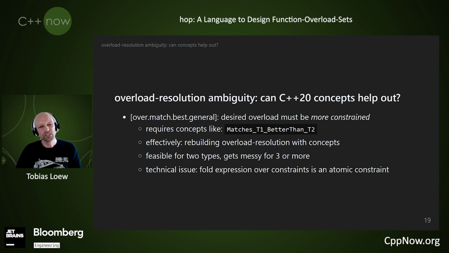We won't be able to use fold expressions to unfold those concepts and compare them with each other, because when you unfold concepts with a fold expression, you will get an atomic constraint. So the compiler won't look into the single constraints of a fold expression. It simply will take it as an atomic.